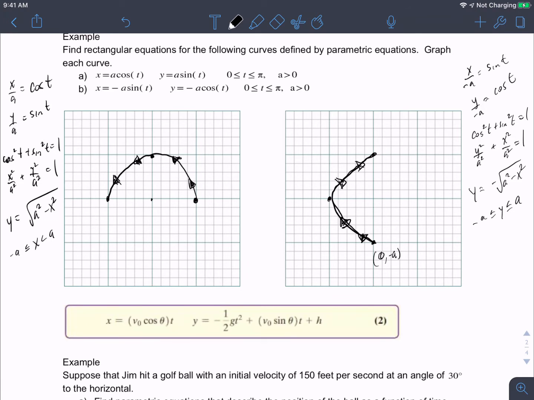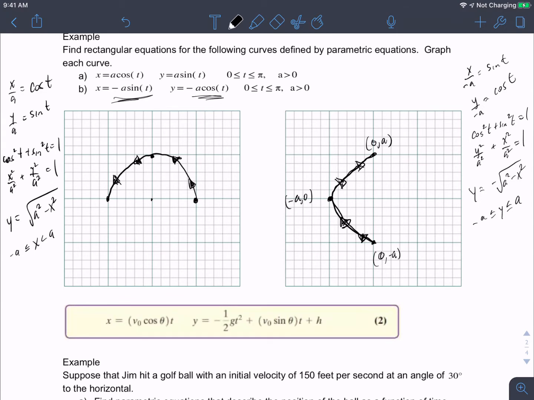Now, the important thing is when I'm plugging in these values, I'm plugging in to here to find out what my x and y coordinate values are going to be. So here I would have gotten negative a, 0. Here I'm going to get 0, comma a. And that's how we plot and graph this.